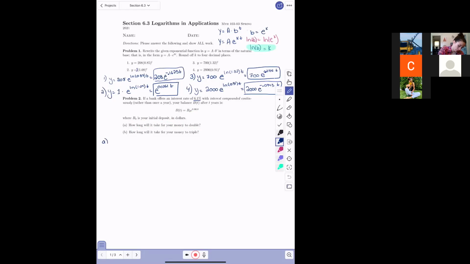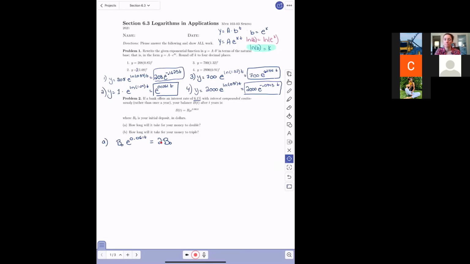So if we want to know how long it'll take for our money to double, we'll have B sub 0 times e to the power of 0.061 t, and I'm going to set that equal to 2 times B0, because we want to solve for t, and we want to know when we have double the initial condition.